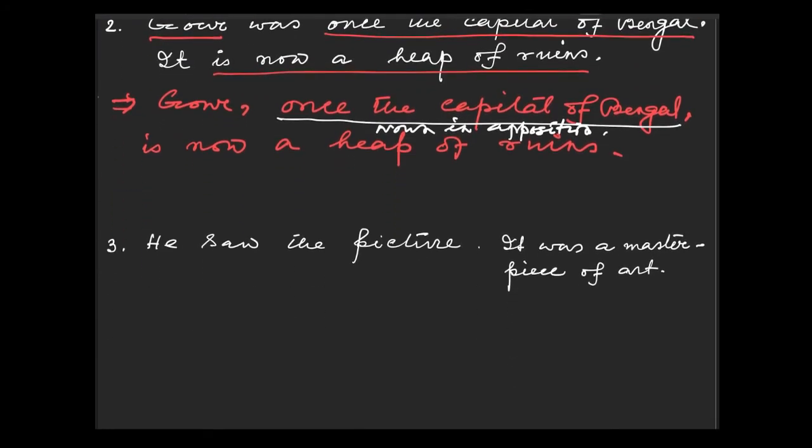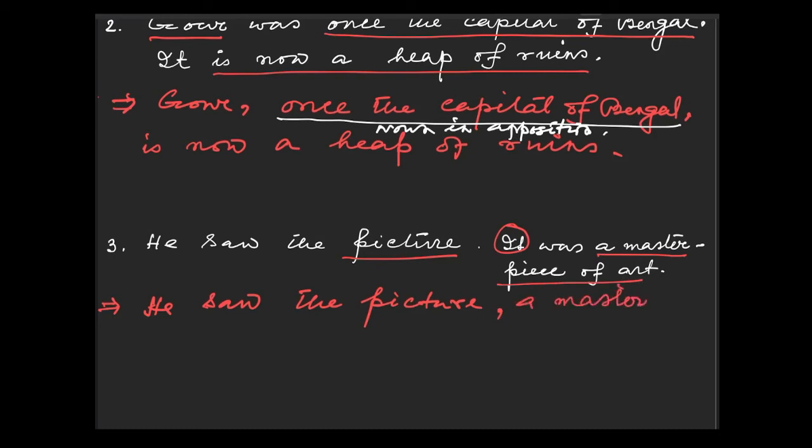Now, this answer. He saw the picture. It was a masterpiece of art. So, picture. He saw the picture. Noun, picture noun, it means the picture, a masterpiece of art, comma, a masterpiece of art.